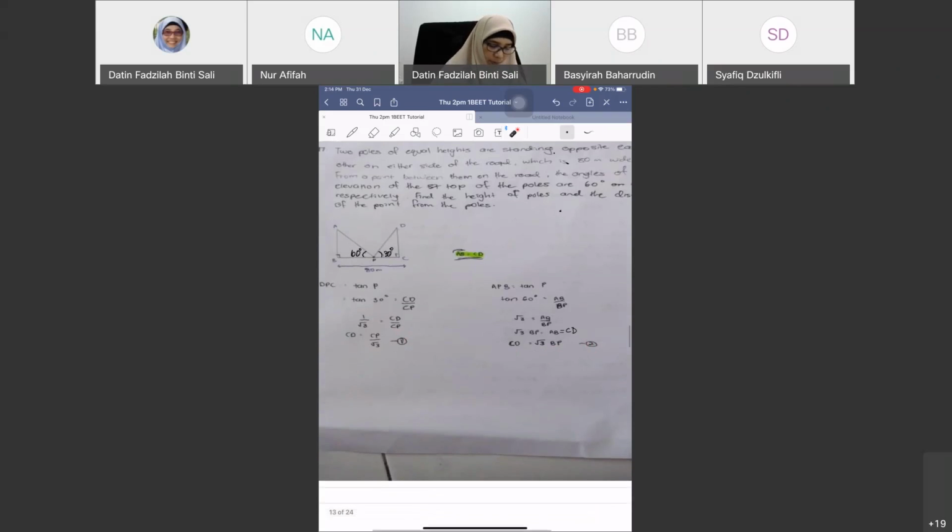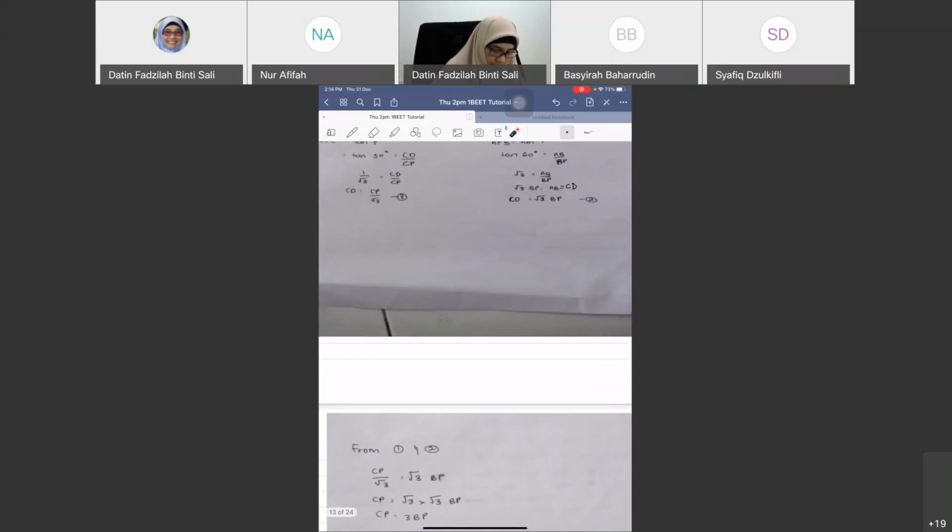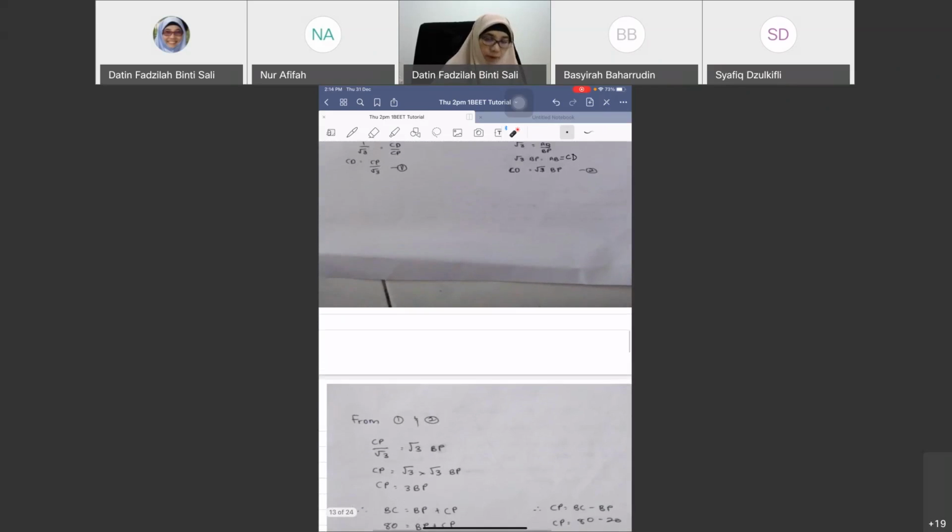So when you equate the two equations, this is what you get: CP over root 3 equals root 3 BP. So you have your CP equals 3 BP.